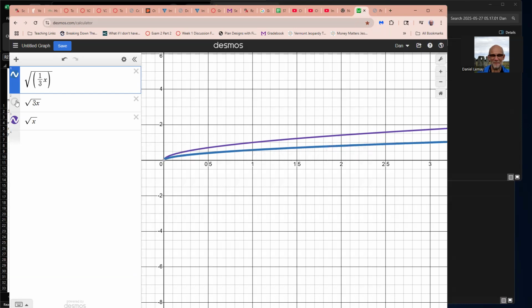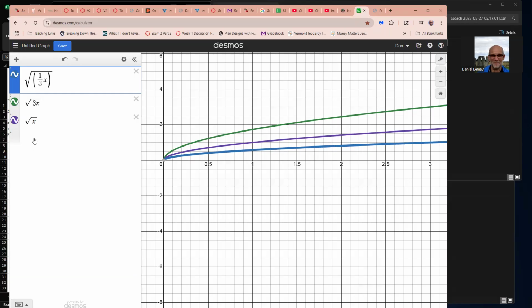And then if it's 3x, so if they wanted to compress by a factor of 1/3, that's how they'd word it, it'd be 1 over 1/3, which is 3, and see how it's growing faster. Any horizontal stretches or compressions can also be written as a vertical one.